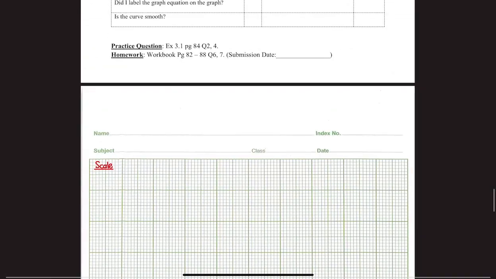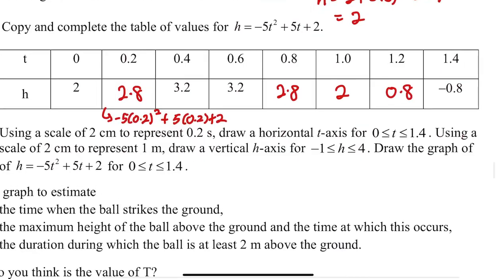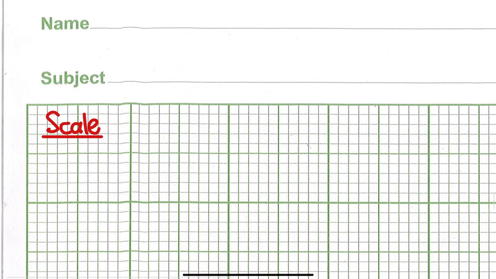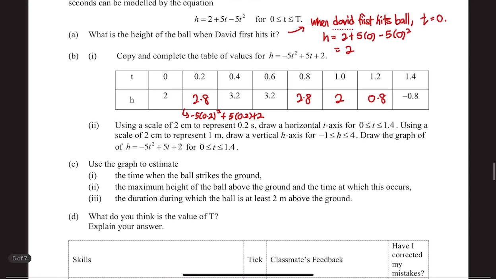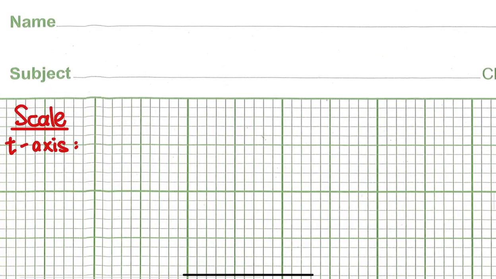The horizontal axis is not the x-axis anymore, they call it the t-axis, but it is the same. So we call this the t-axis, the horizontal axis. The scale is 2 cm to 0.2 seconds.